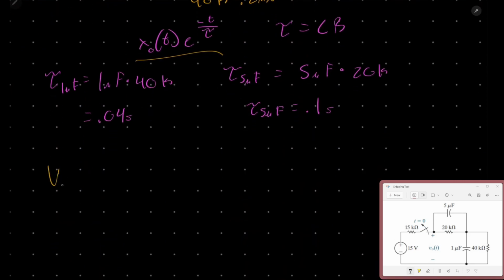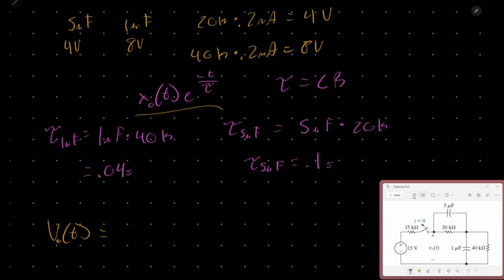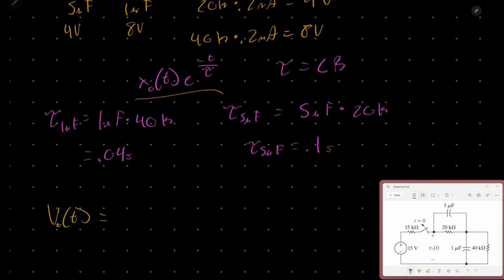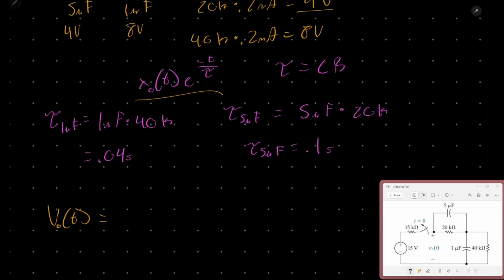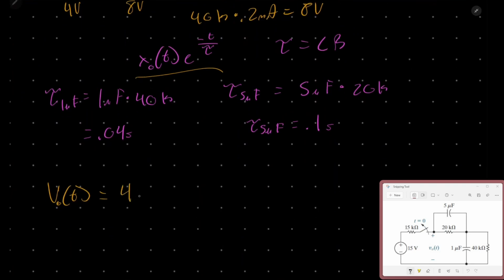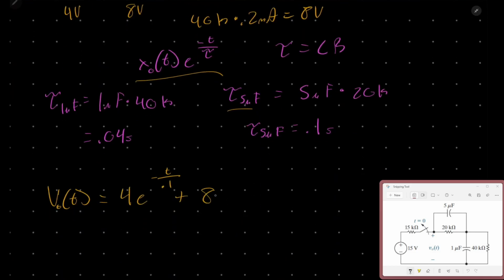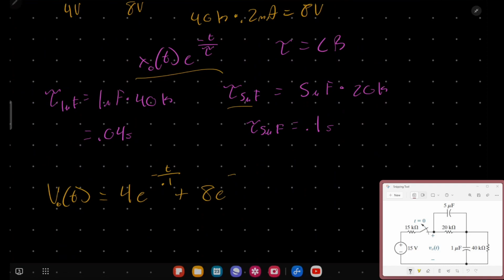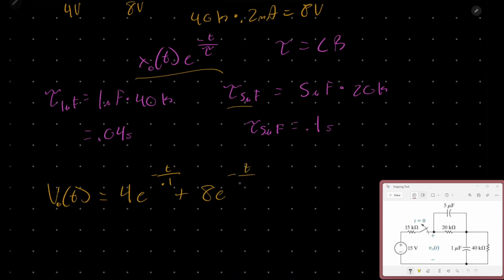So V of t, for the circuit between those two nodes, for the 5 microfarad capacitor, we're going to use this value, 4, so it's 4e to the negative t over 0.1, plus 8e to the power of negative t over 0.04.